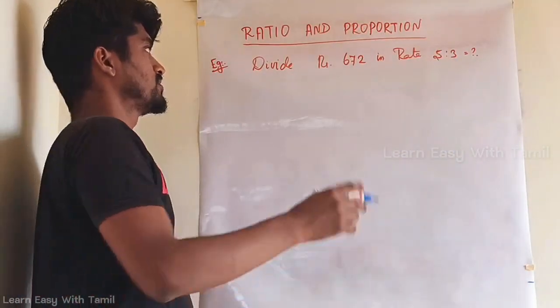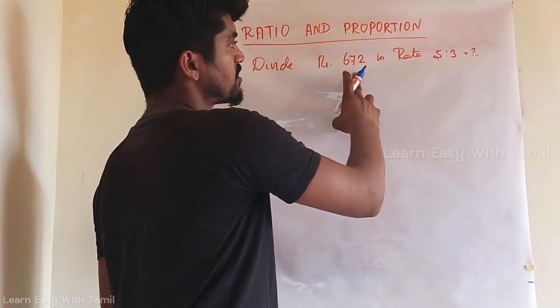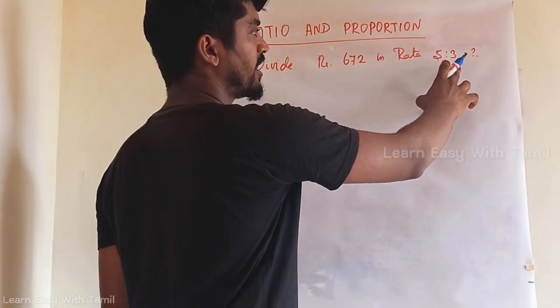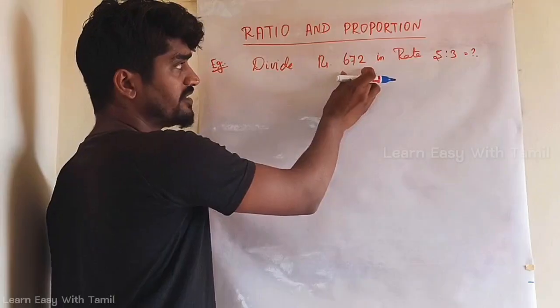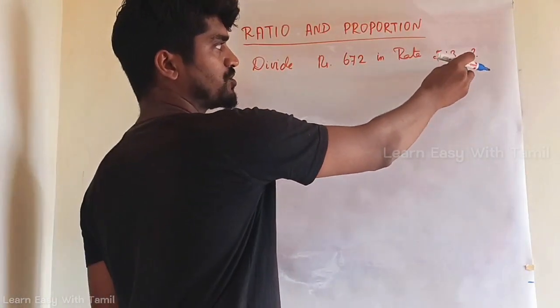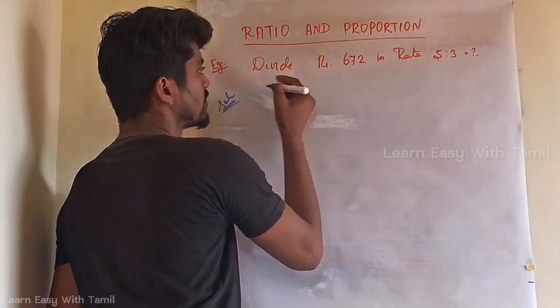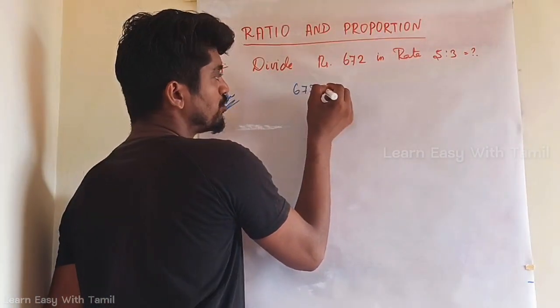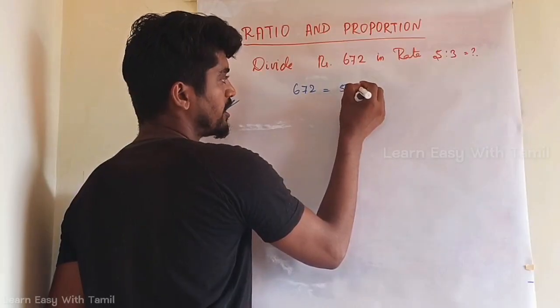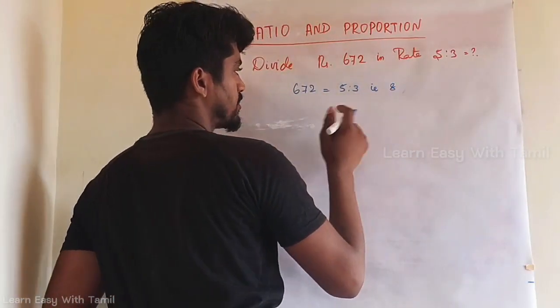In this sum, the given question is to divide rupees 672 in the ratio of 5:3. We have to divide the 672 value into 5:3 format. So the given is 672, which is equal to 5:3, that is 8 parts.